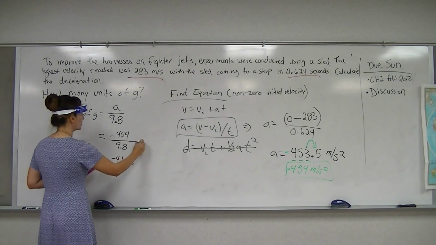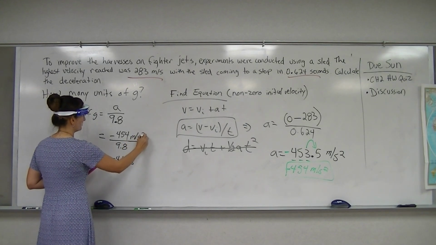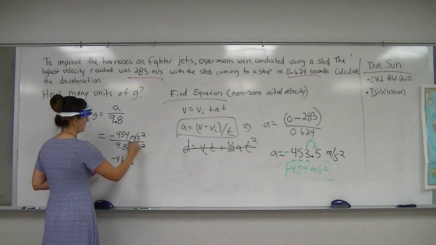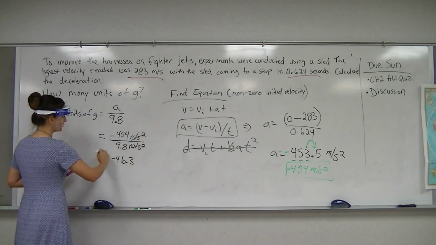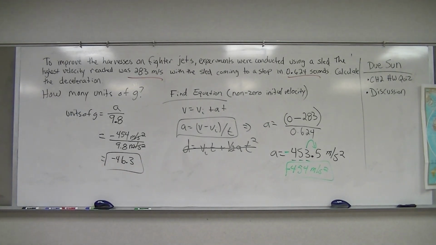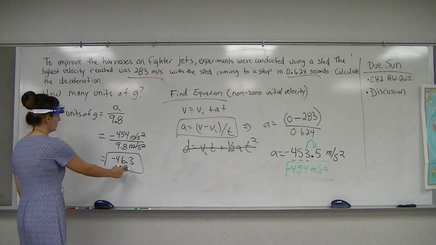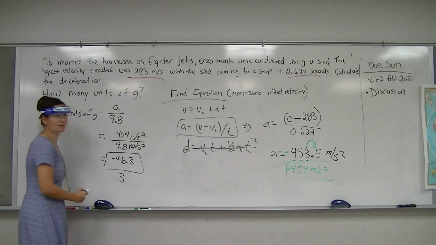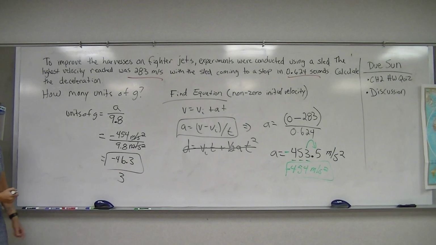It's actually a unitless number because this is meters per second squared. Gravity is measured in meters per second squared as well. So there are no units on it. So this is the limit humans can handle. For fun, we do about 3 units of g on roller coasters. So big difference, right?